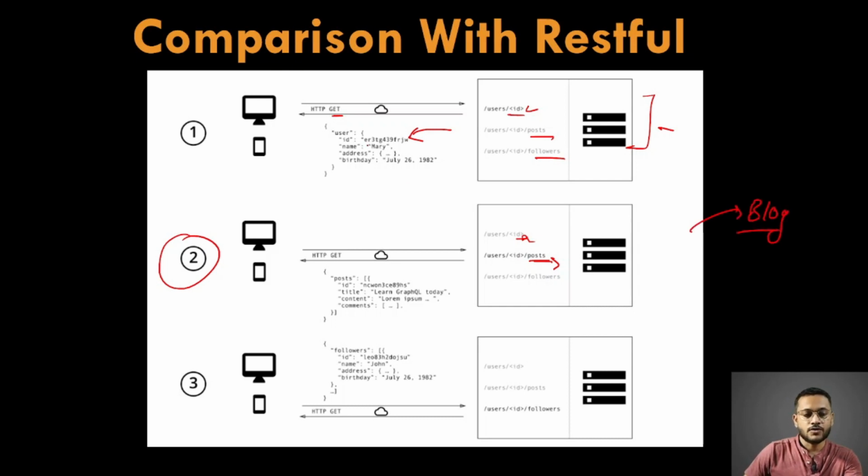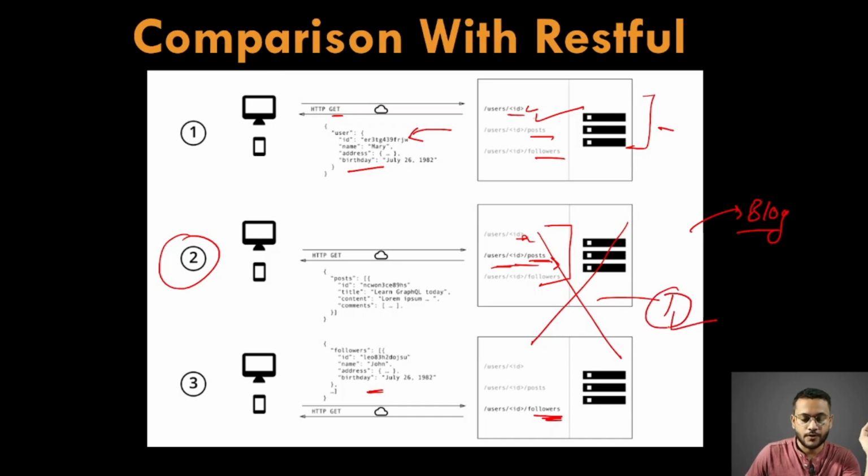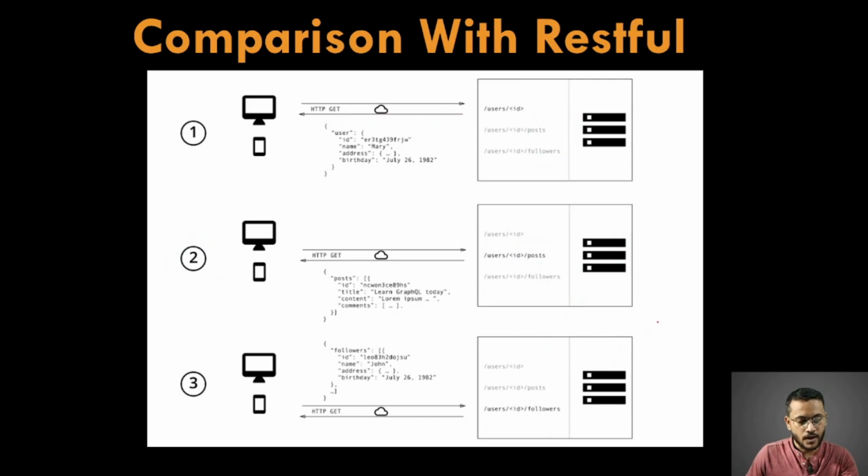You want to see the user, just call this operation. You want to see the post, just call this operation. You want to see the follower, just call this operation. So what does this mean? For each and every operation, you maintain three endpoints. This will not apply in GraphQL because you maintain only one endpoint, and all the operations are performed through that one endpoint. Let me show you how we can do that.